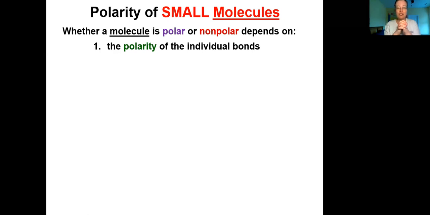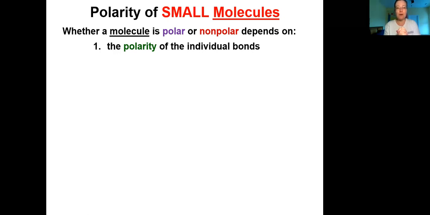So something that's just got a few atoms, a small molecule, then I can decide whether the entire small molecule is polar or nonpolar, not just one part of it. Remember, we're going to be looking to see if there's a partially positive side and a partially negative side to the molecule. Just like I checked with the bond, now we're going to expand it to the molecule.